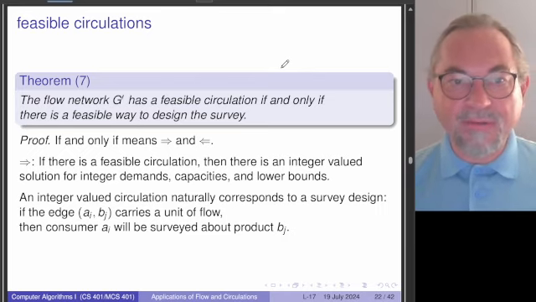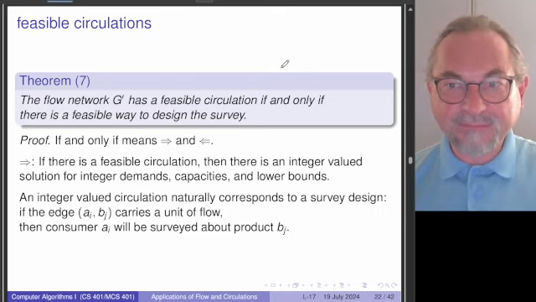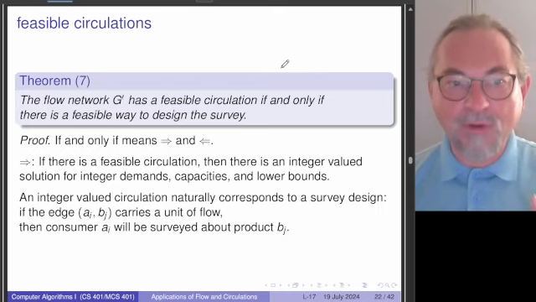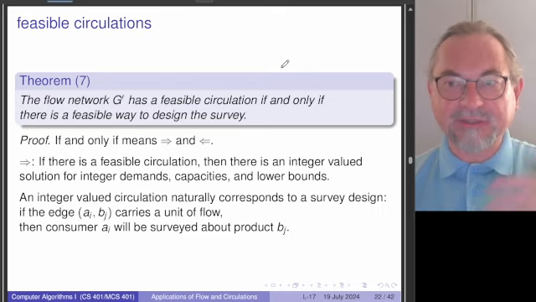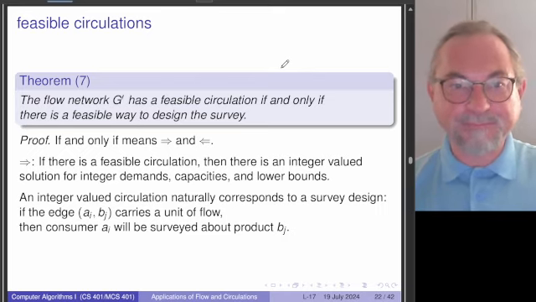Okay, so feasible circulation can be computed by the maximal flow. And here this is interpreted with the flow with the lower bounds. We've seen that this actually translates then into a network that has no lower bounds.